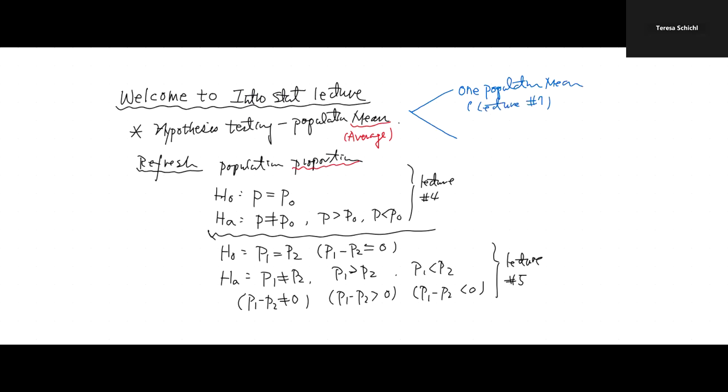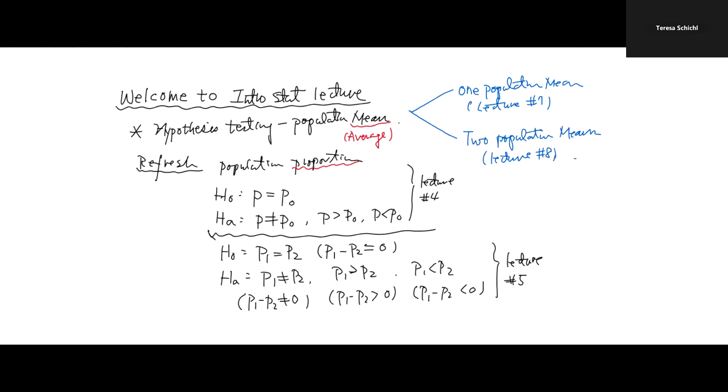In the same way, we're going to have two population means, very similar to what we did before. This will be in lecture number 8. So these will be the two new topics we're going to talk about.